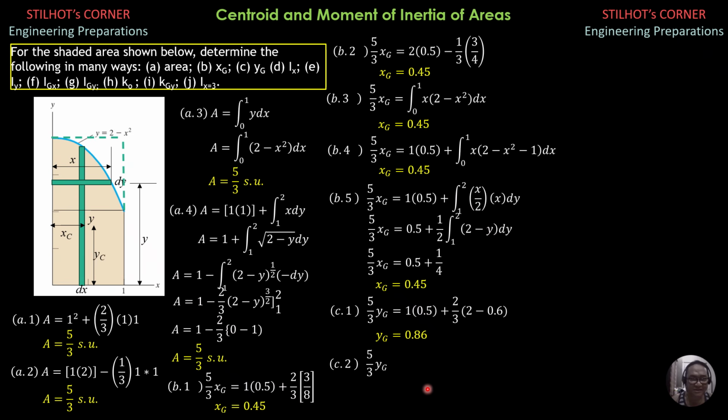Next is 5/3 yg equals treating the rectangle minus area of spandrel, then times the y distance of the centroid of the spandrel. So take note that the y distance of the centroid of the spandrel is 3/4 of b, then this is 3/10 of h.